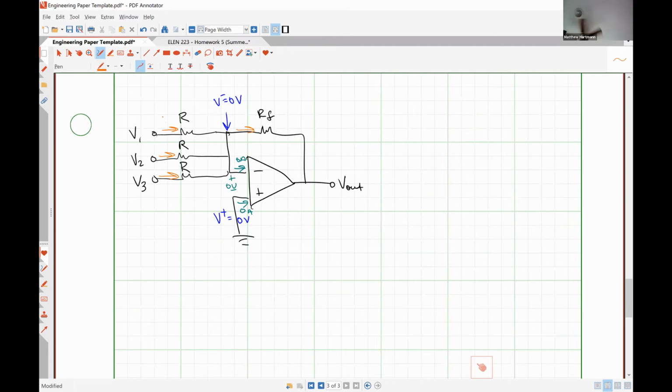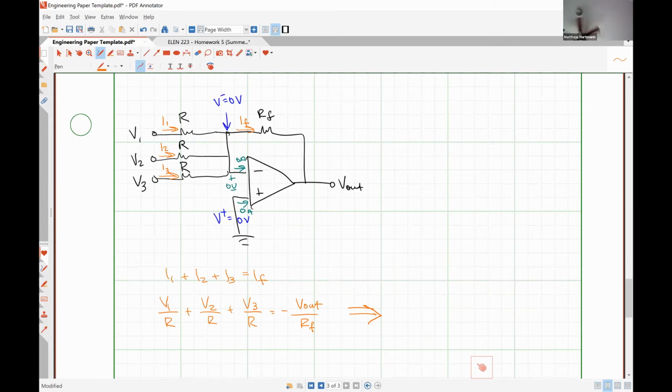Let's call these I1, I2, I3, and IF. Applying Kirchhoff's current law, I1 plus I2 plus I3 is equal to IF, where I1 is V1 divided by R, I2 is V2 divided by R, I3 is V3 divided by R, and IF is negative V out divided by RF.